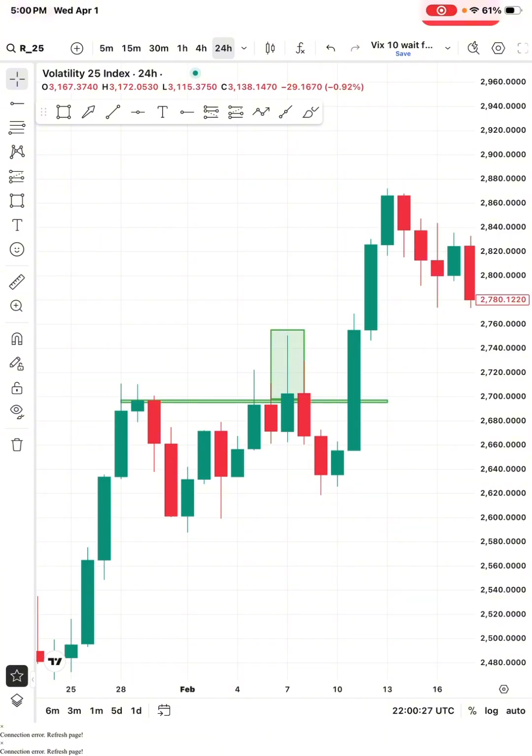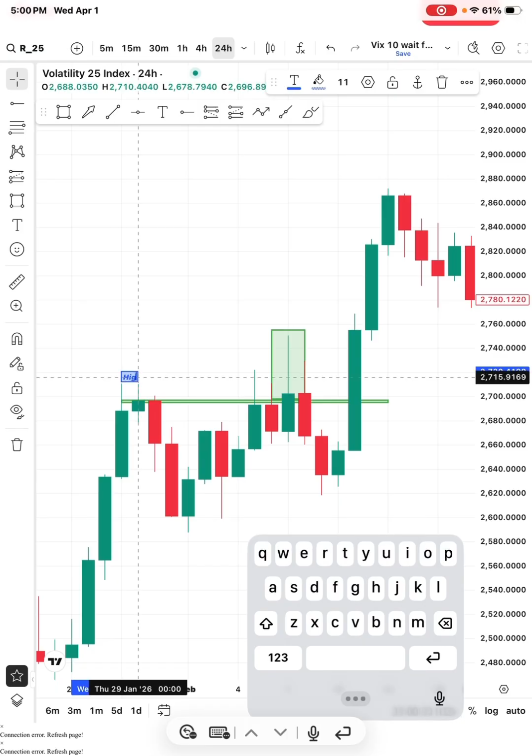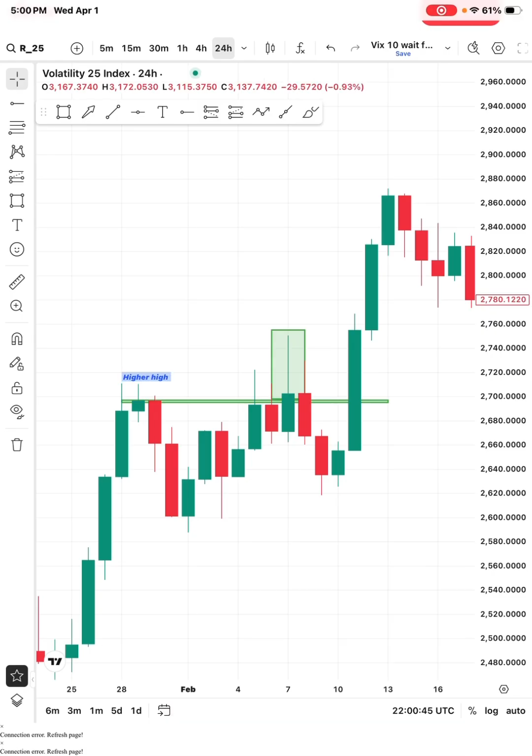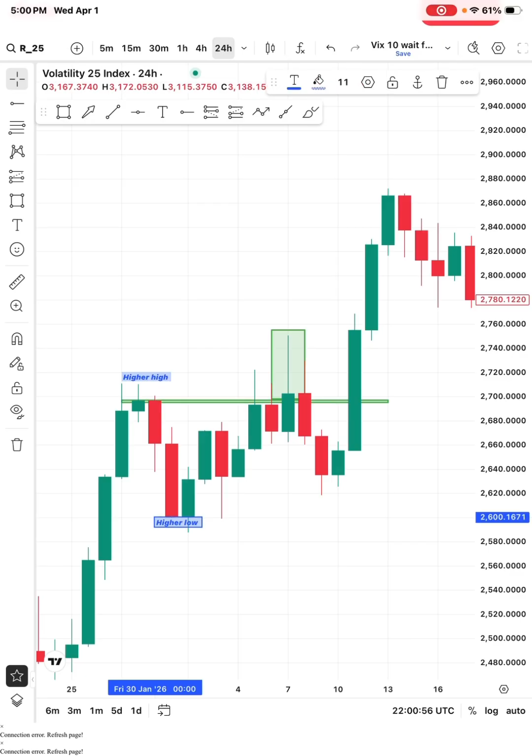Because this over here was our last higher high. This was the last higher high, then a higher low, higher low right there, higher high right here.